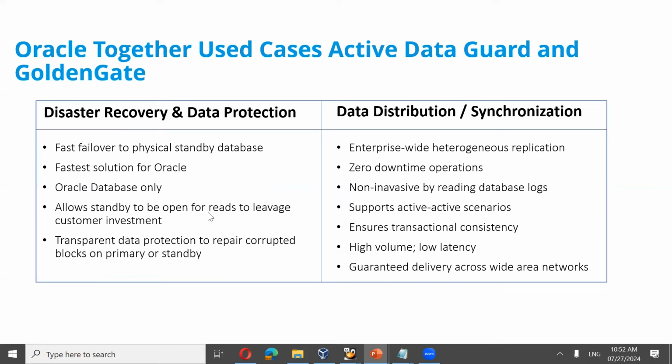So fast failover to physical standby. Disaster recovery and data protection can only be done for Oracle database. Okay. Data distribution and synchronization. So together, these are use cases of Active DataGuard and GoldenGate. So it is enterprise-wide heterogeneous replication.